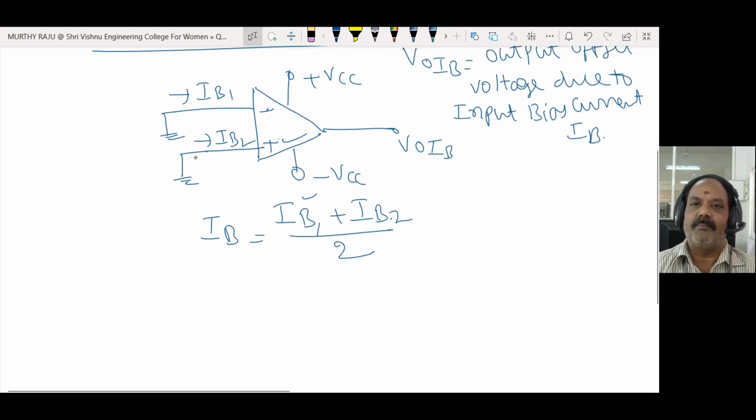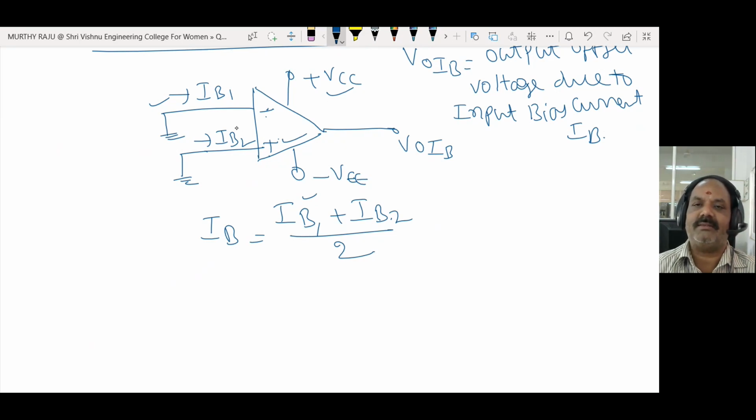Suppose both the input terminals are grounded. Inverting and non-inverting terminals are grounded so that no input voltage is applied to the op amp, but the plus and minus supply voltages, the plus VCC and minus VEE, are necessary to bias the op amp properly.